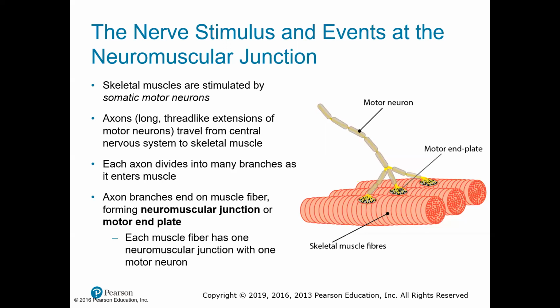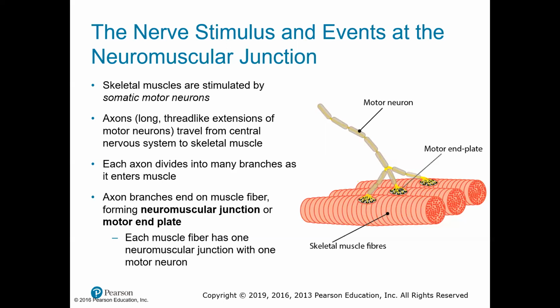So every muscle cell has one neuromuscular junction with one axon terminal from a motor neuron on it. It's one nerve ending, one muscle cell. The axon can separate into up to 300 terminals. So one motor nerve can stimulate up to 300 muscle cells.